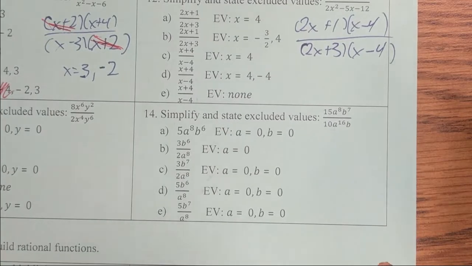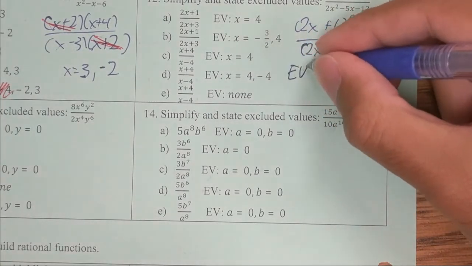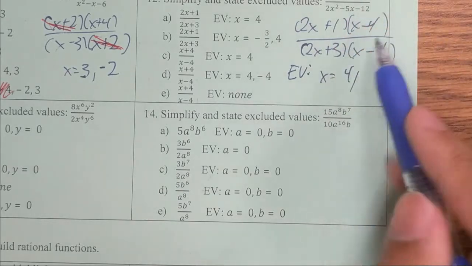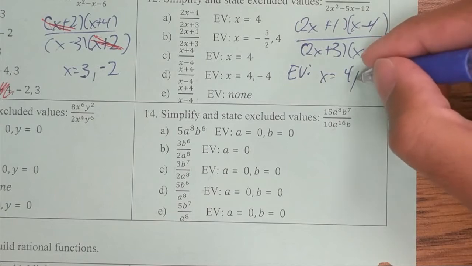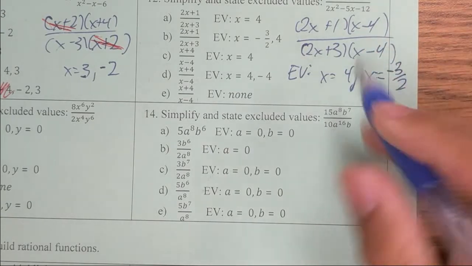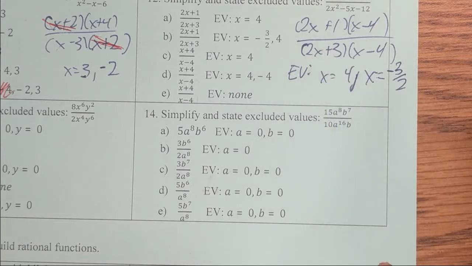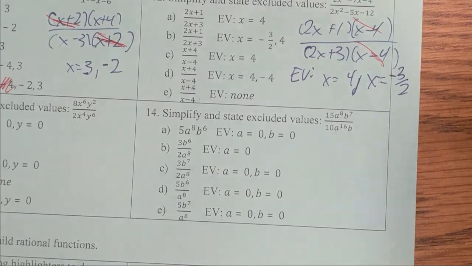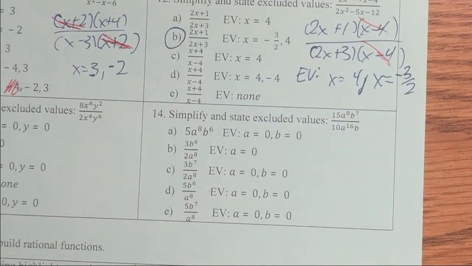Okay, so again, we do excluded values before simplifying. So here x could be 4, but then also x could be negative 3 over 2 for this one. And then now we can reduce these away, leaving B as the answer.